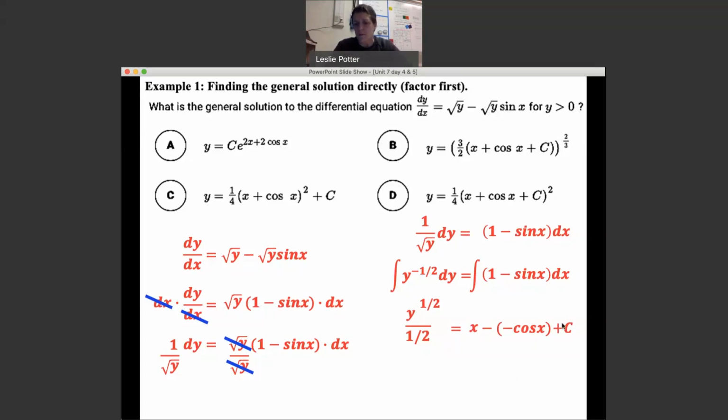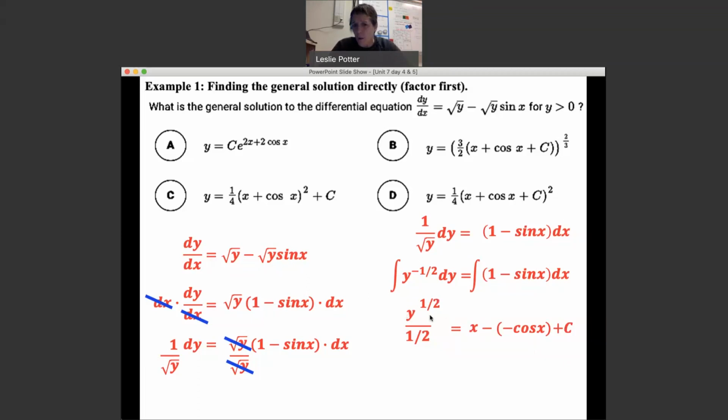It's just a number. All right, so we've done really all the calculus. So the question is, can we pick out the right answer at this point? Give that a little bit of thought. The one thing I'm focusing on right now is that I have a y to the half power right here. That's a square root of y.